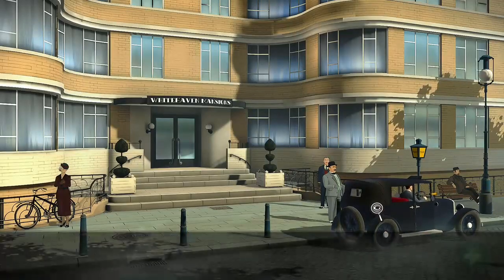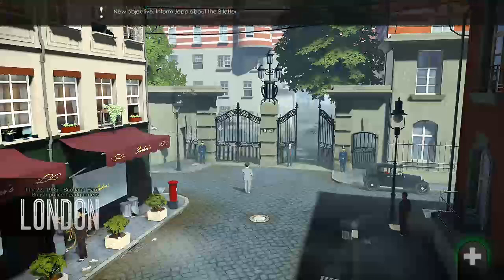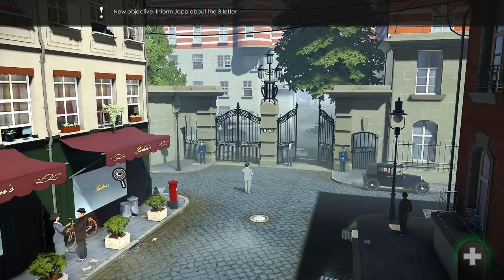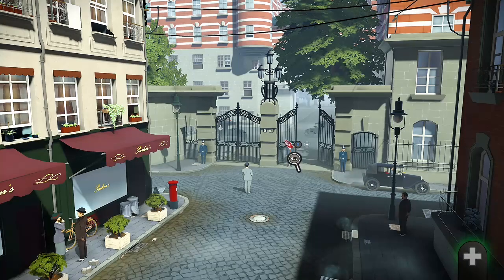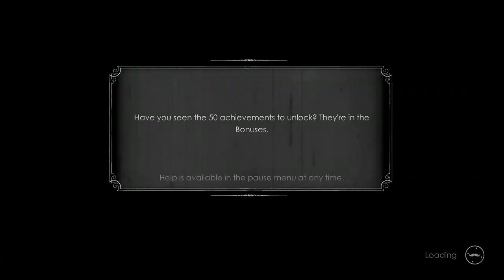Fancy little automobile. Alright, what have we got? Wait, we have a Scotland Yard here in England? Why do we call it a Scotland Yard?